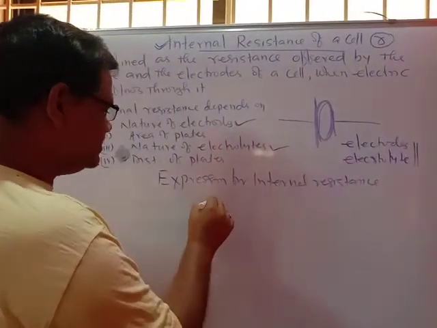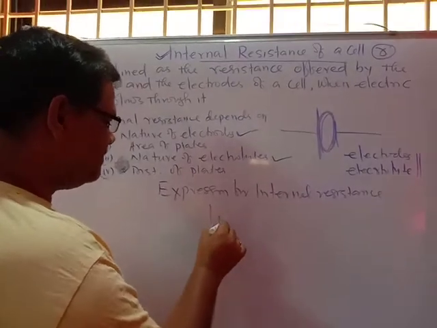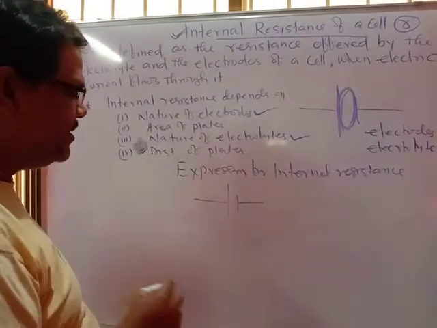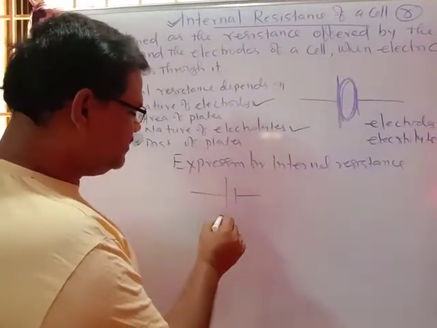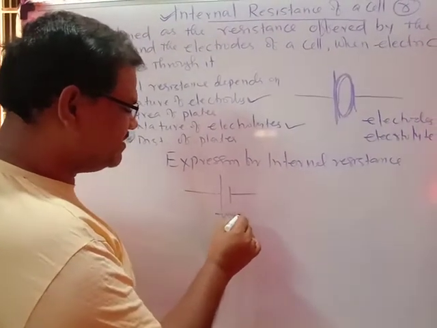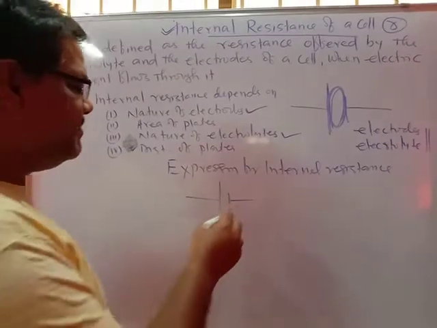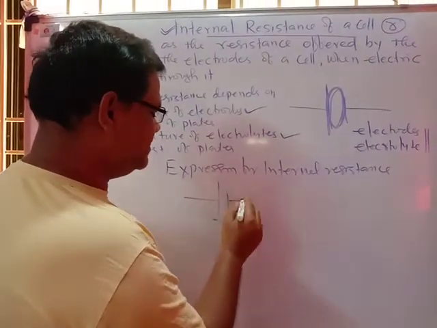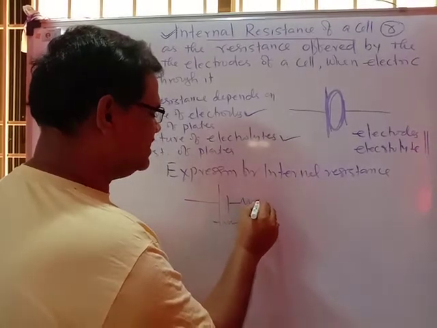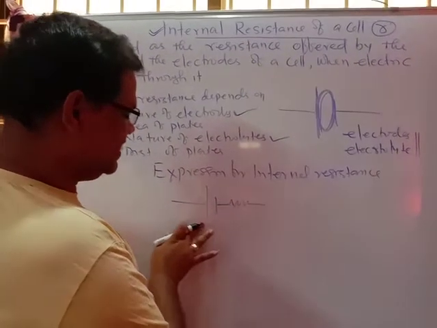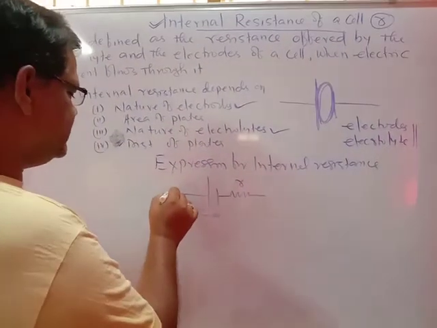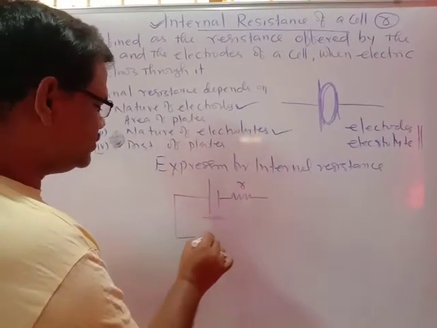The cell is here, and inside this cell you just remember the internal resistance, represented in this form. This is the internal resistance, small r, and that internal resistance is connected to the circuit.